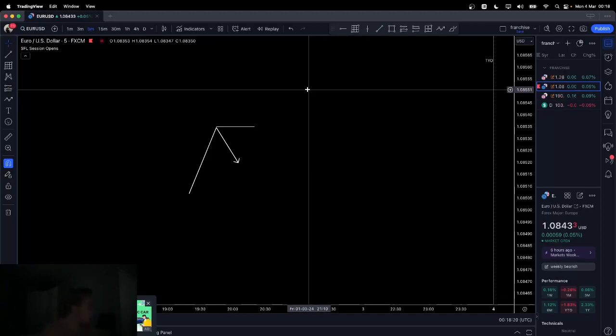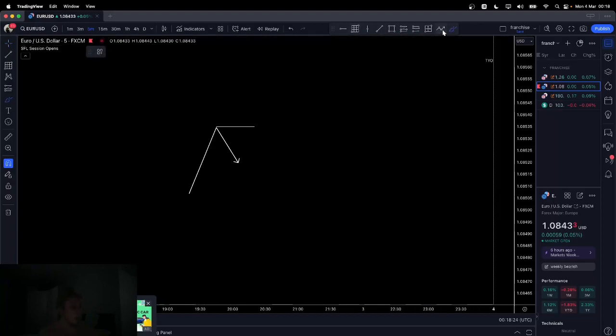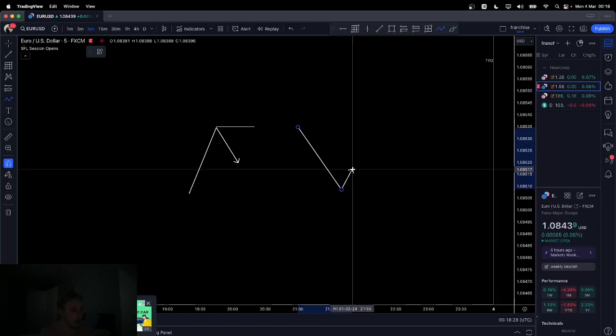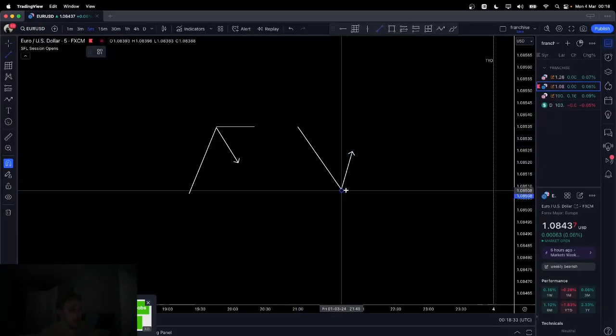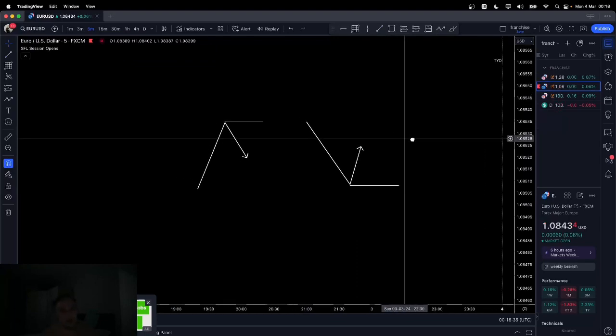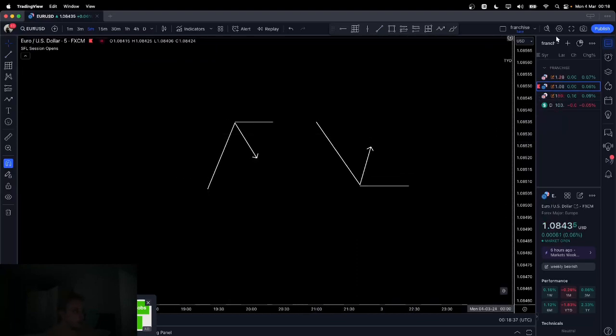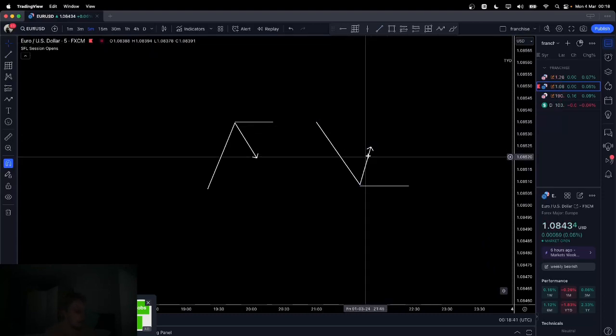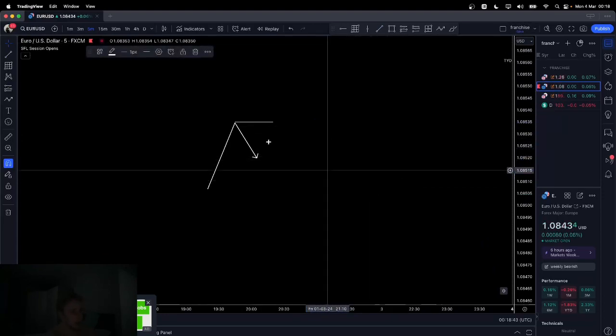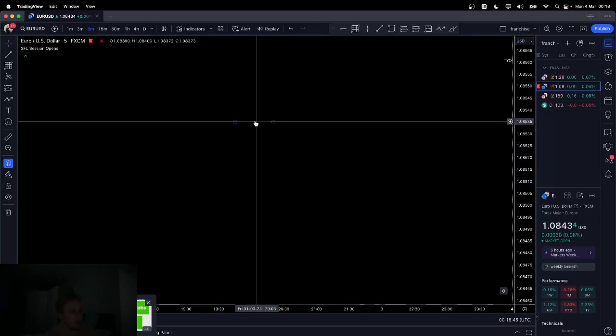That is a high. Same with a move down, then a move up. That is our low. Simple as that.